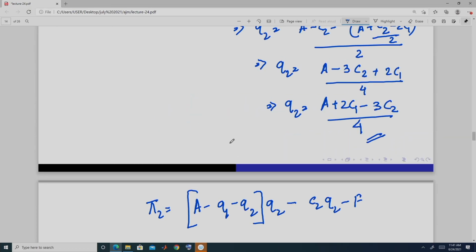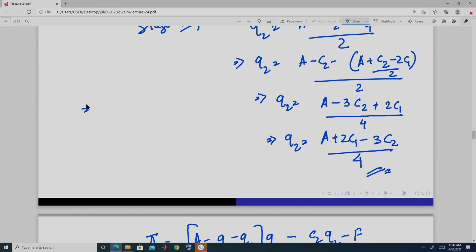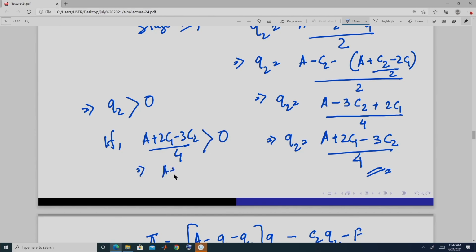Now here, remember this, from here we have to put a condition, that Q2 is positive if this, so this implies C2 must be this.